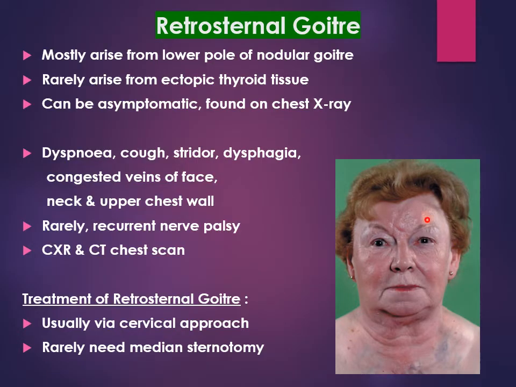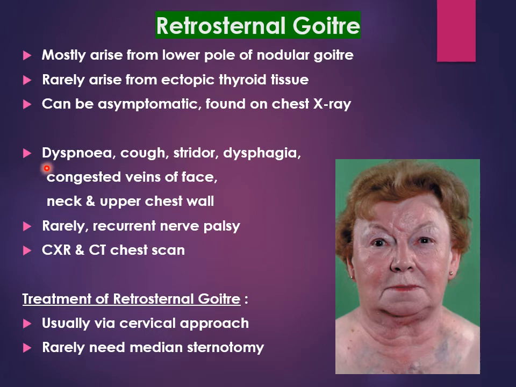Okay, this is a patient with a retrosternal goiter where the thoracic inlet is obstructed by an extending goiter into the mediastinum, and it usually arises from the lower pole of the multinodular goiter. Rarely it arises from ectopic thyroid tissue. Patients can be symptomatic or asymptomatic and found on routine chest x-rays.